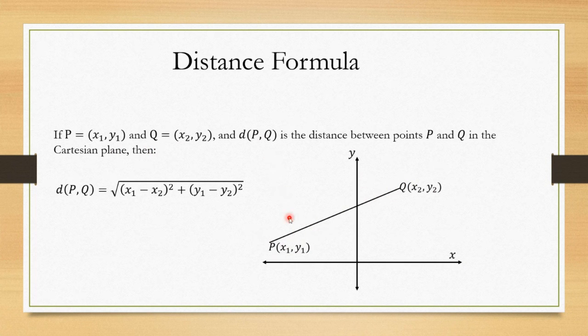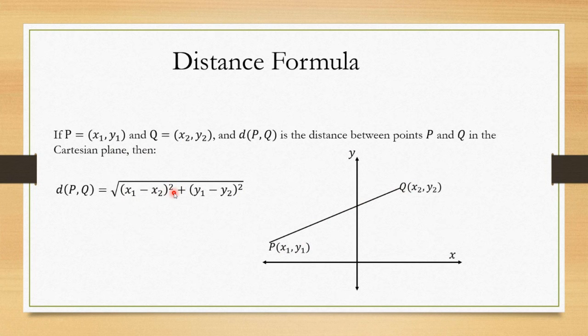then we can actually calculate that distance. It turns out to be this. The distance between point P and Q is calculated by this formula. You have x sub 1 minus x sub 2, squared.